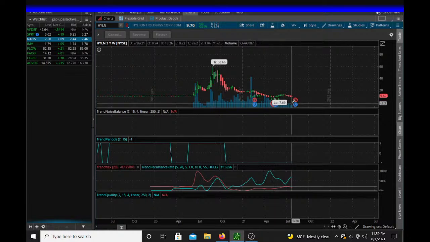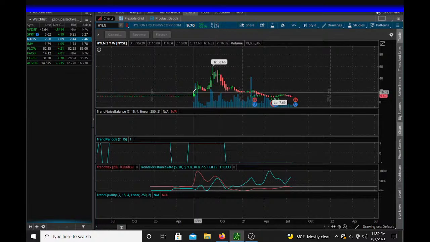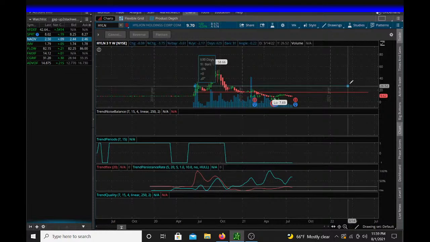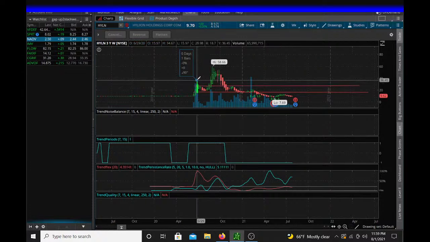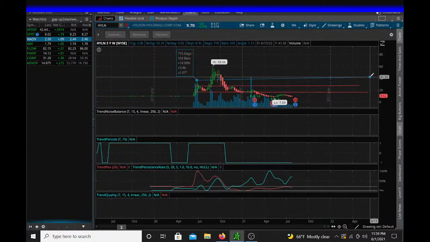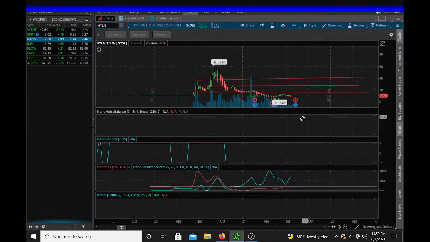I mean, there could be a genuine trend line right there. And of course in several other places. But there's a few in there.